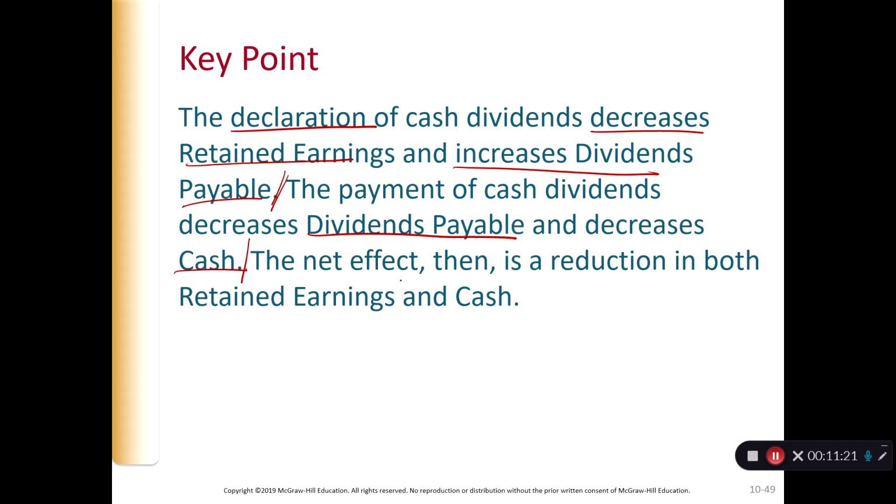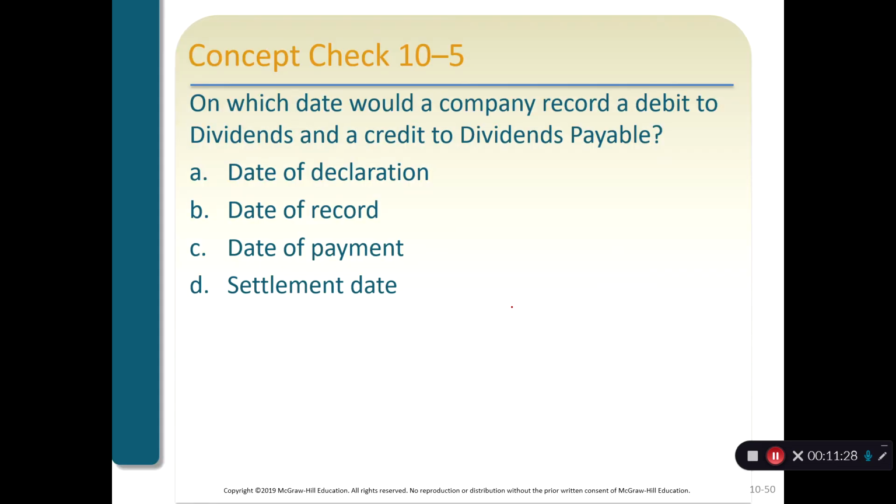So the net effect is a reduction of both retained earnings and the cash account. Okay, so on which date would a company record a debit to dividends and a credit to dividend payable? The date of declaration. That's the day that you set up your duty to really pay.